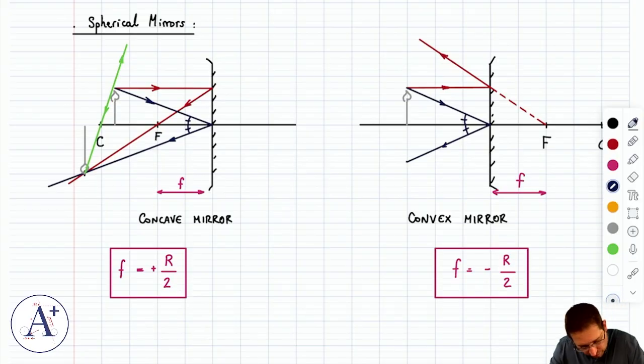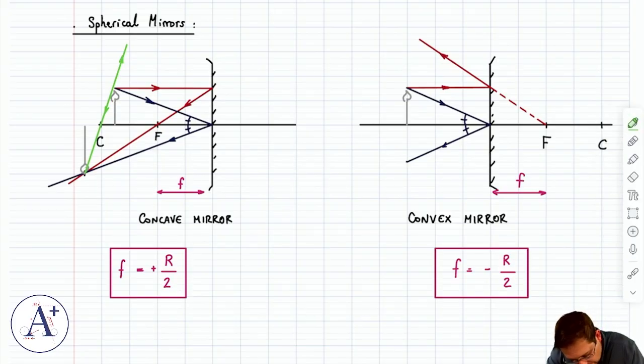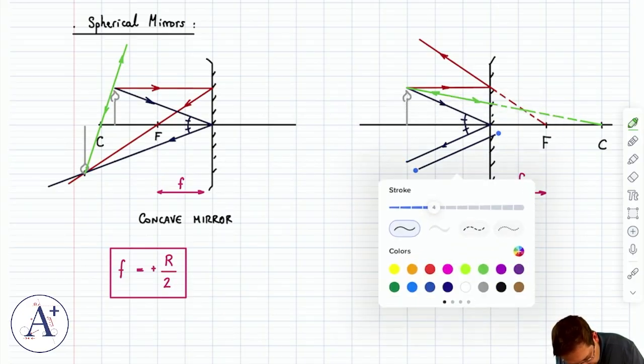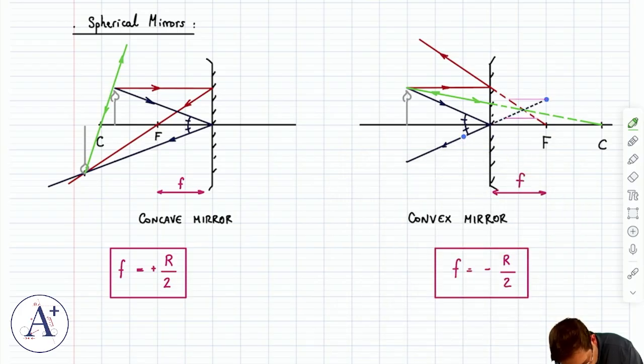And then there's the third ray, the one that is not going to go through C because light will not go through the mirror, but will be aligned with C. It is going to hit the mirror here in such a way that it will reflect along itself. And images form where emerging rays either intersect or appear to intersect. And these rays do not actually intersect, but they appear to intersect right here.